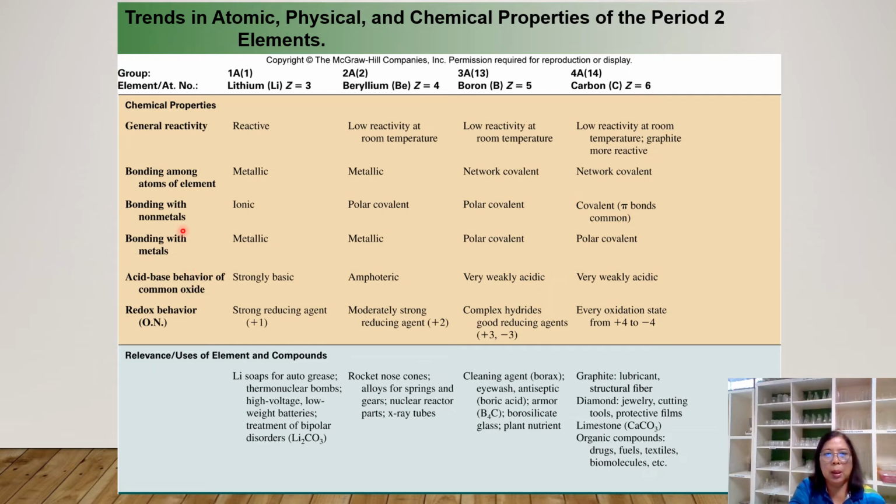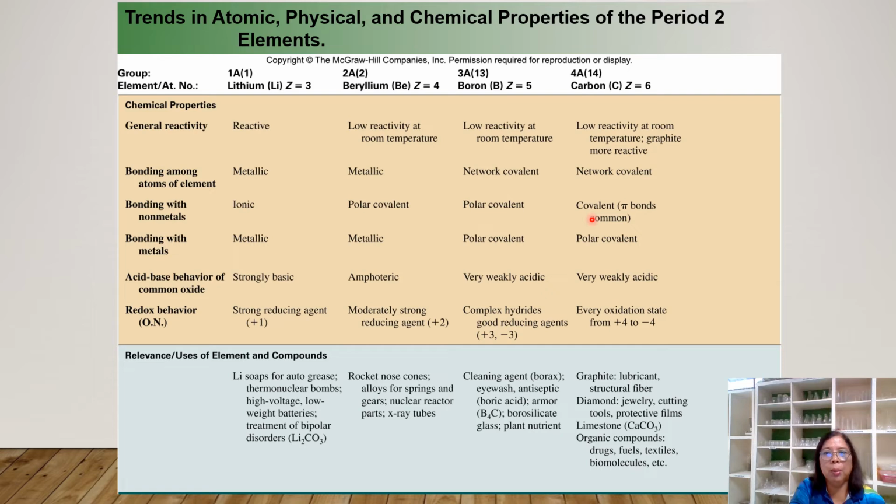So in terms of bonding with non-metals, lithium bond is ionic, and then polar covalent bond for beryllium, the same true with boron.